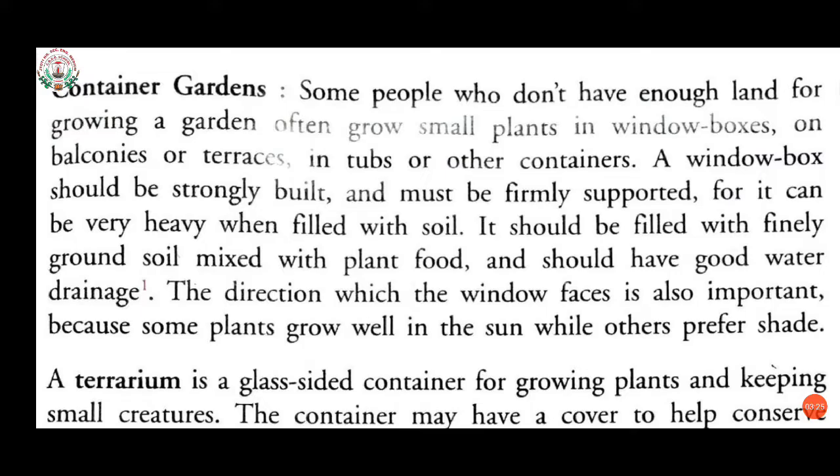If anybody is planning a window box garden, it should be strongly supported. Here you can see it is given, it must be firmly supported. It means strongly supported, because as we fill it with soil, it becomes heavy. So it is essential for window box gardens that the box we are preparing must be strong.